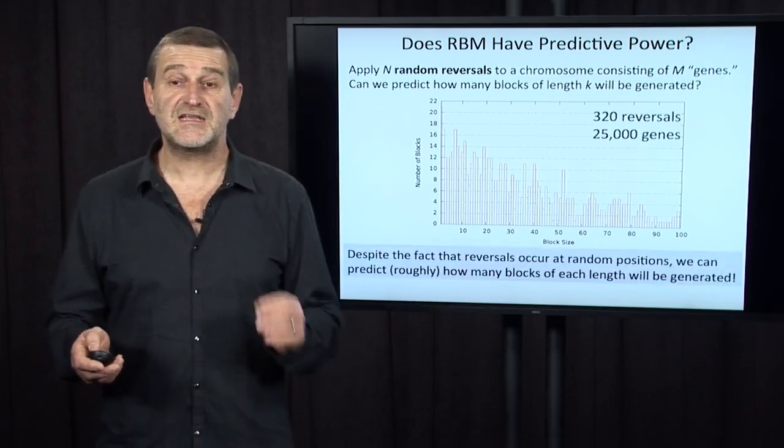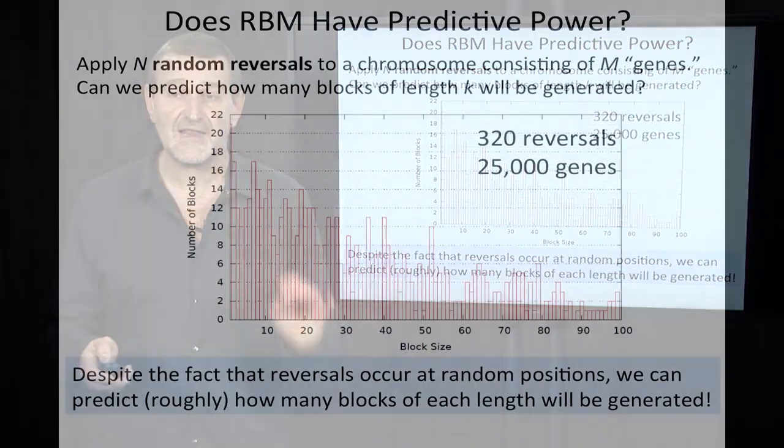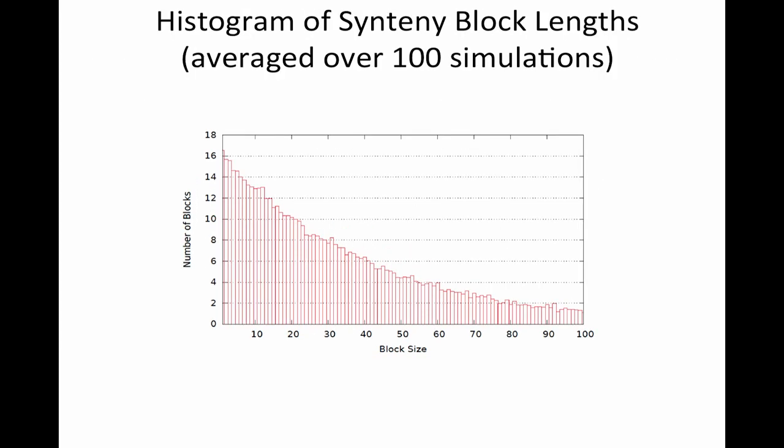And it turned out that despite the fact that reversals occur at random positions, we can predict roughly how many blocks of each length will be generated. For example, if we repeat this experiment 100 times, then the average number of blocks of given size will follow this distribution.